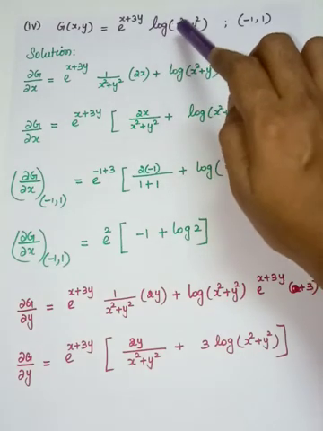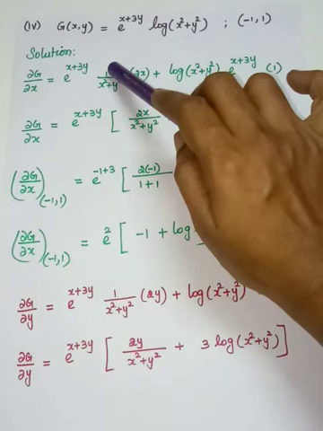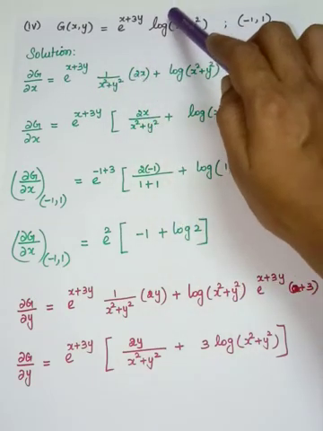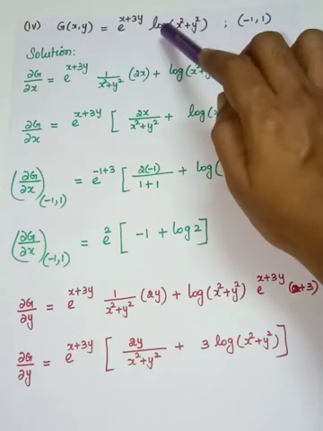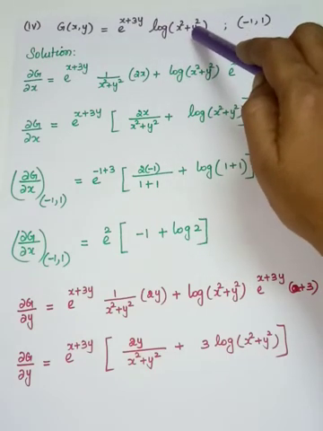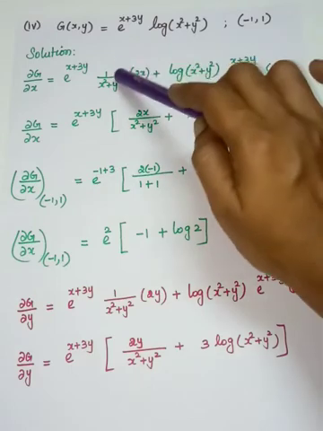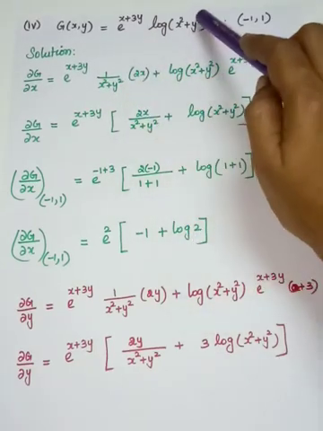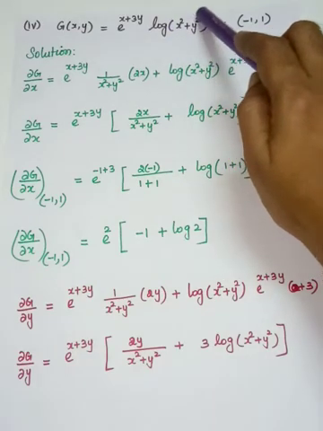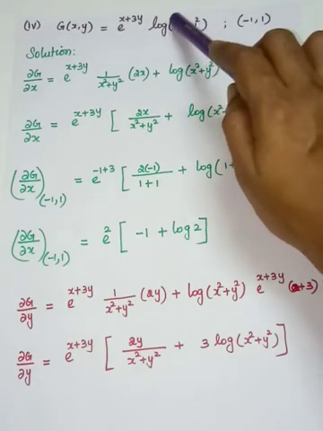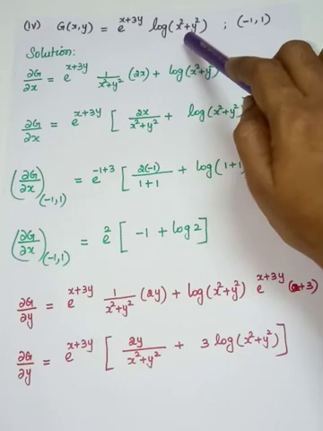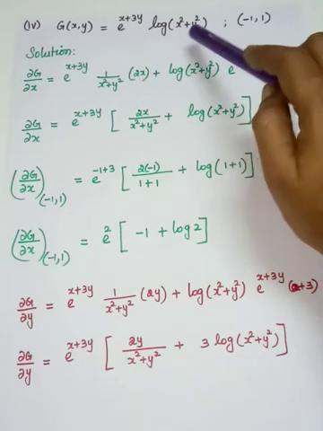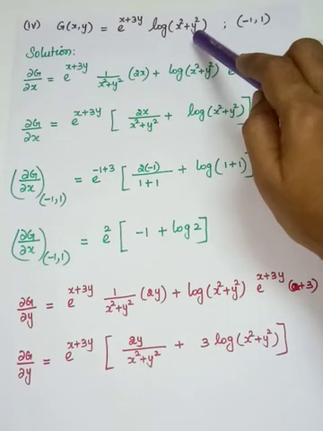So log of x squared plus y squared: first, it is 1 by x squared plus y squared. According to the chain rule, you have to keep this as x, but it is in the form of log x, so log x differentiation is 1 by x. So 1 by x squared plus y squared. So next what you have to do in the chain rule, this bracket term, that is x squared plus y squared, has to be differentiated partially with respect to x. So x squared differentiation is 2x and y squared is a constant, so it is 0.